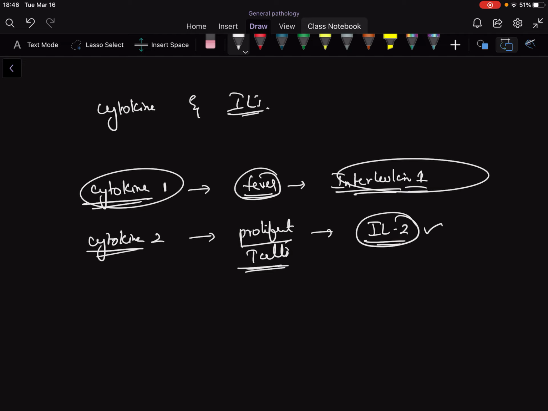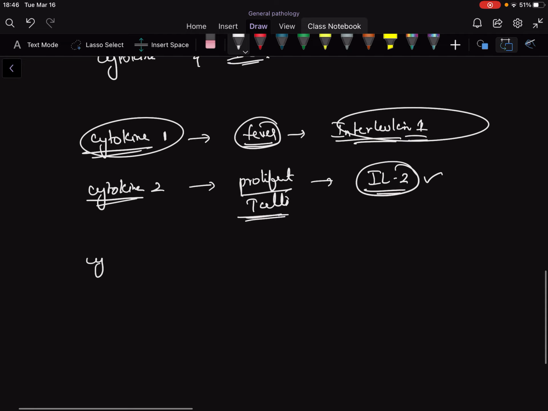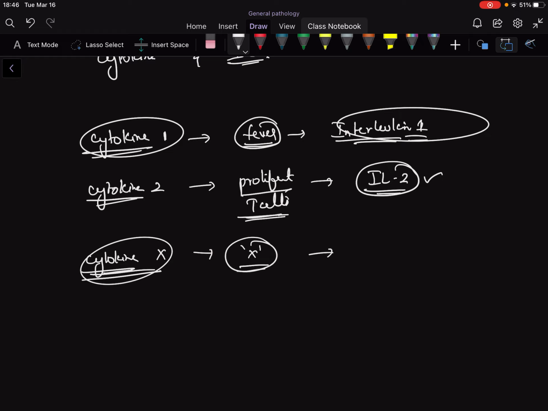And here is a cytokine whose function is unknown. Hence this cytokine is called cytokine X. It cannot be molecularly defined, so we cannot call it an interleukin. It is called only a cytokine.